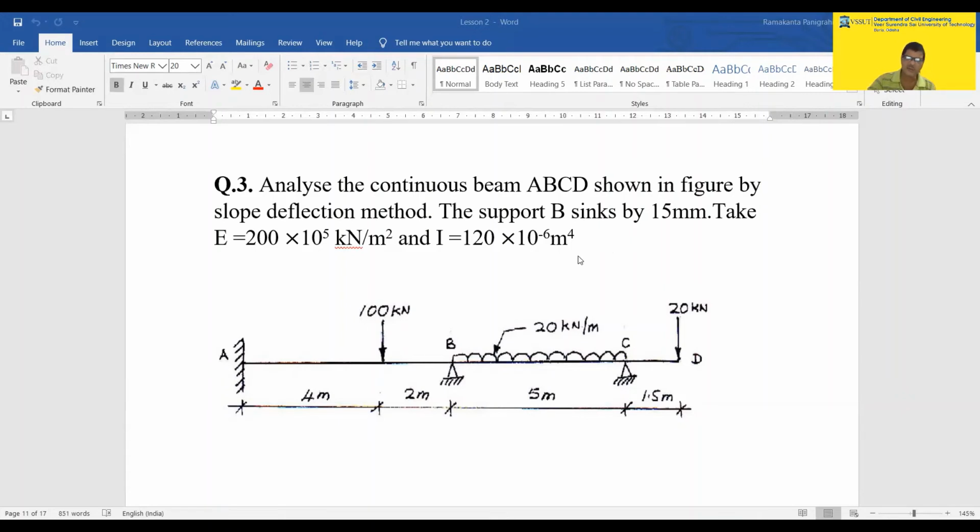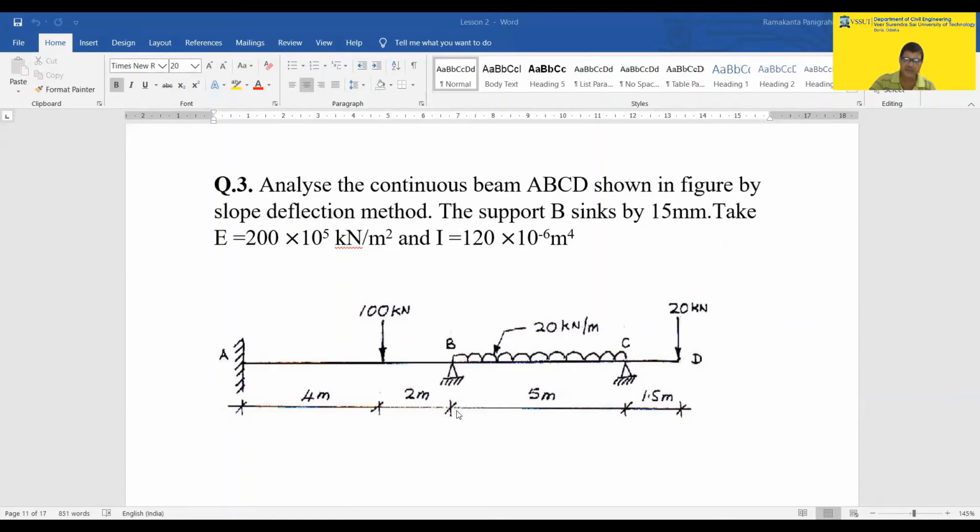Let's see what the problem gives. A, B, C, D is a continuous span, and A is fixed. It is the same problem given in question number 2, but the only difference is that support B sinks by 15 millimeter.